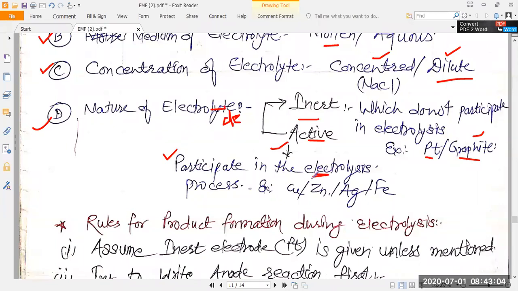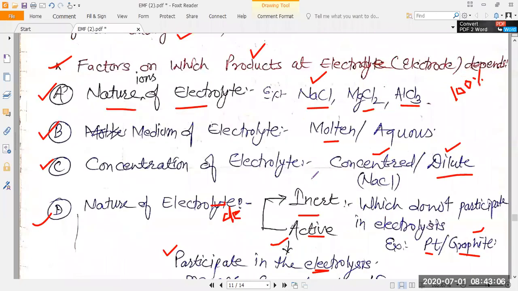So what is electrolysis process? Electrolysis process is the process in which electric current is passed through the electrolytes, and electrolytes decompose or break down into their respective ions. This process is called electrolysis. So electrolysis happens in an electrolytic cell.